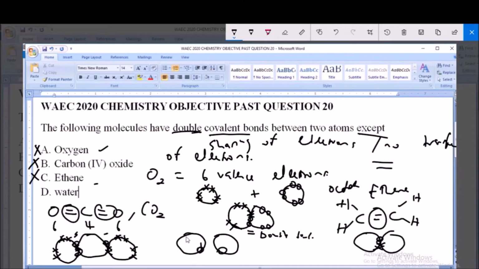And what they do is they share each of these valence electrons with 1 oxygen atom.